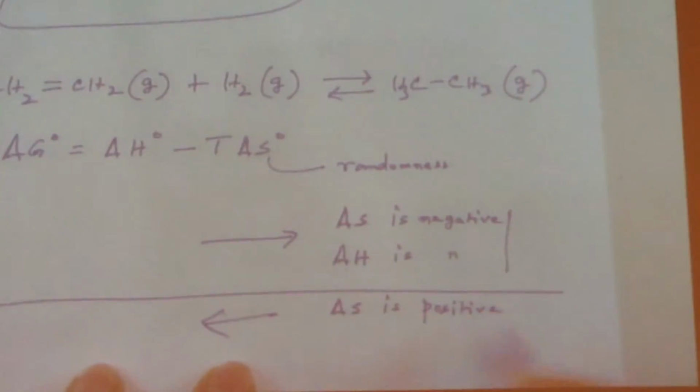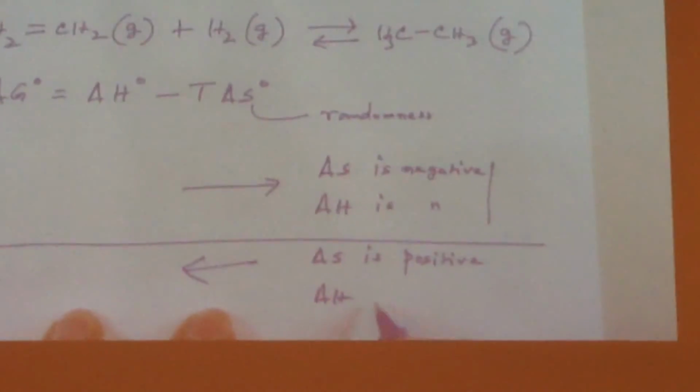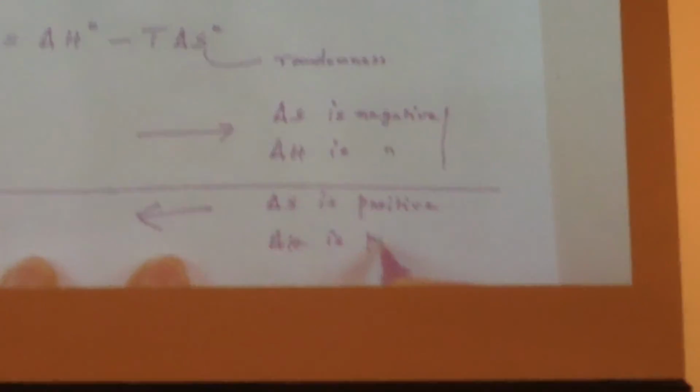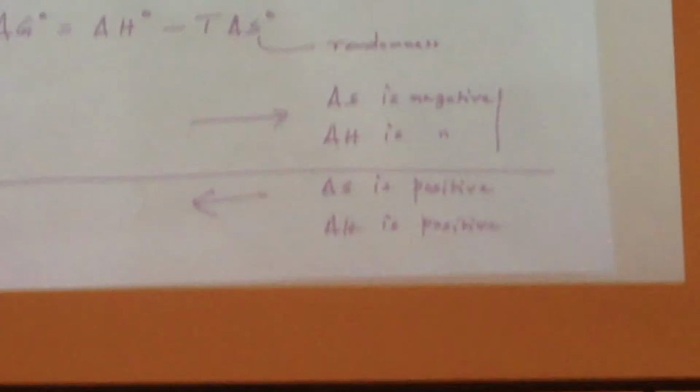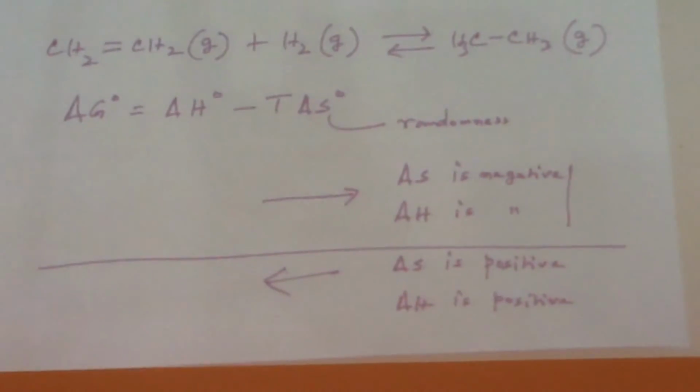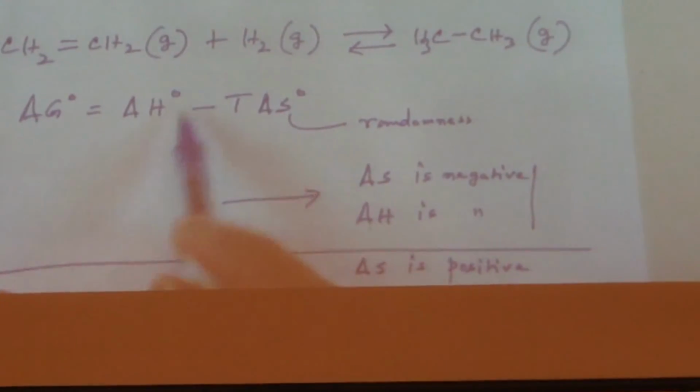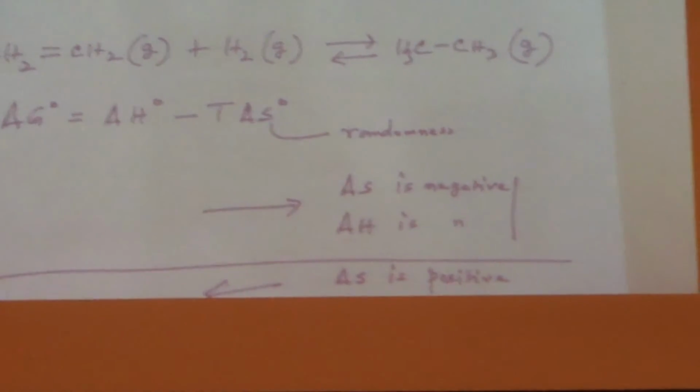And obviously it would be reverse. It would be positive when you are going in the other direction. If you're looking at the reverse arrow, the delta S is positive and delta H is also positive. Now, the important thing is that you have a subtraction sign in front of this.